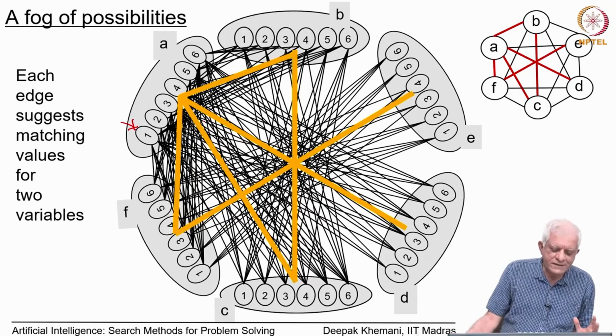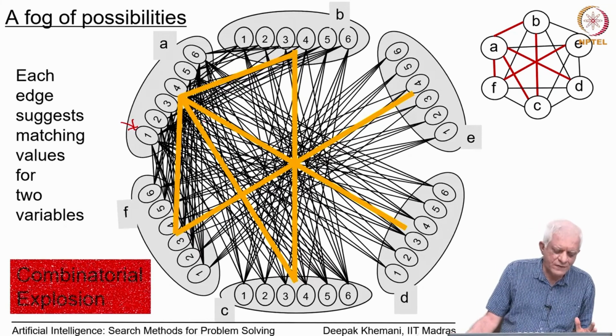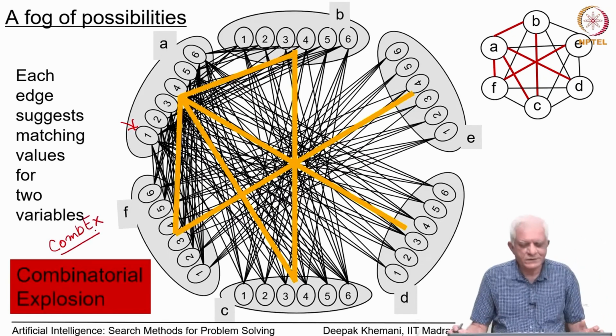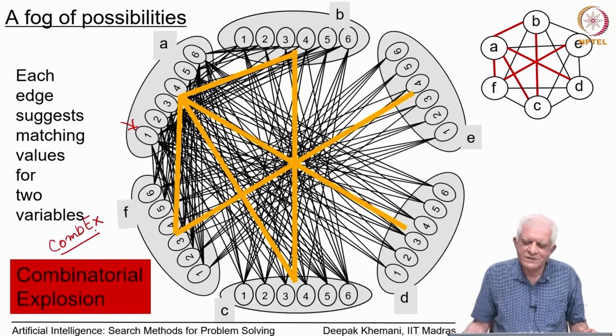So, each edge suggests matching values for two variables, and here we are running into our old foe, the combinatorial explosion. Remember that we had called it the monster, if you want to call it, that we are fighting.